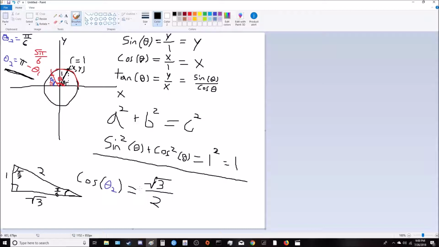And this looks all well and good, but if you remember this definition where the cosine is equal to the x-coordinate and the sine is equal to the y-coordinate, since our x-coordinate for this angle is in the negative domain, we have to be conscious of that. So that means we're going to put a negative on our result.